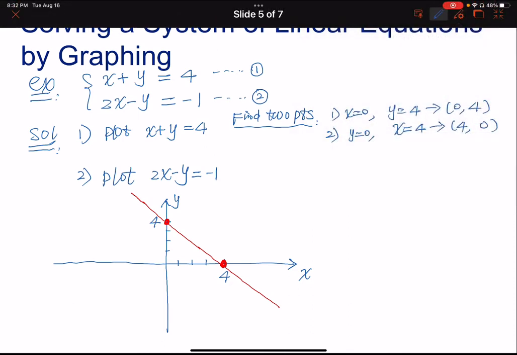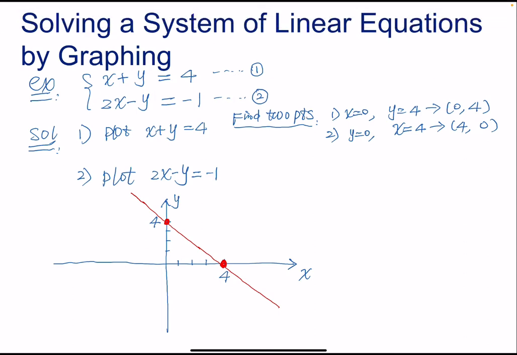Now, using the same method to plot the second line, I will still find two points. First I let x equal 0. Obviously I get negative y equals negative 1, which means y equals 1. So this gives me the point (0, 1).